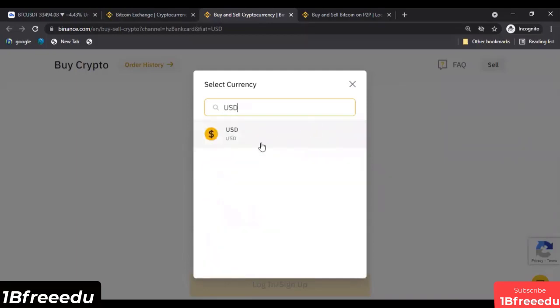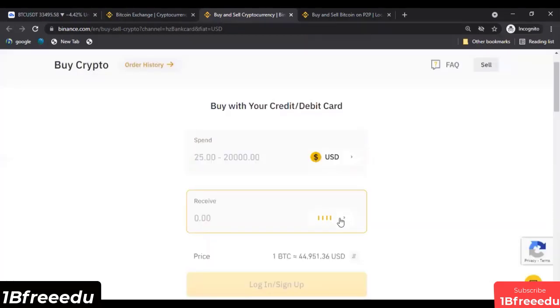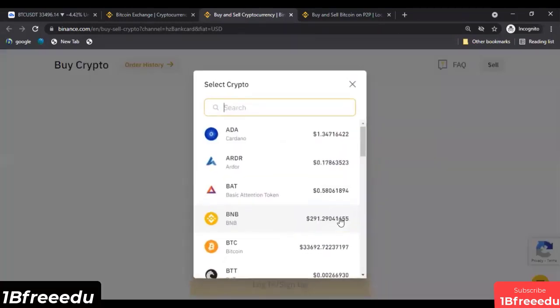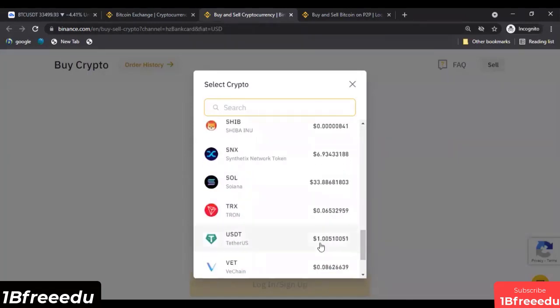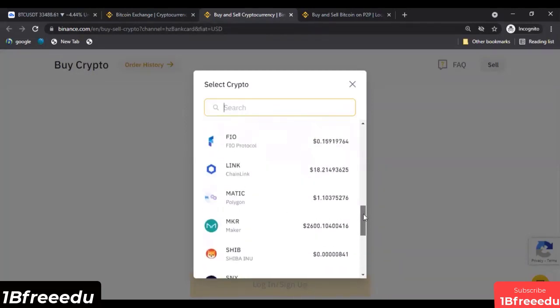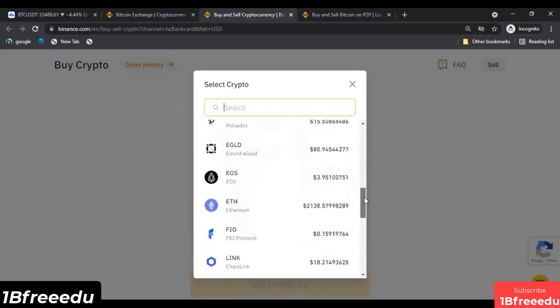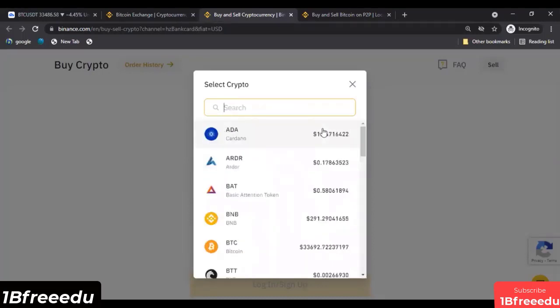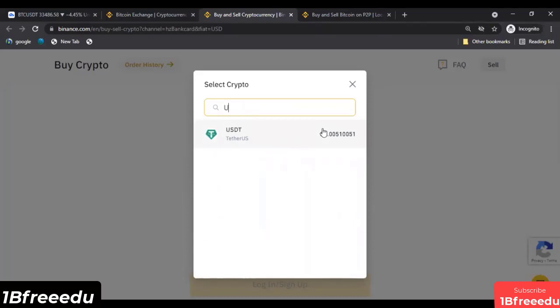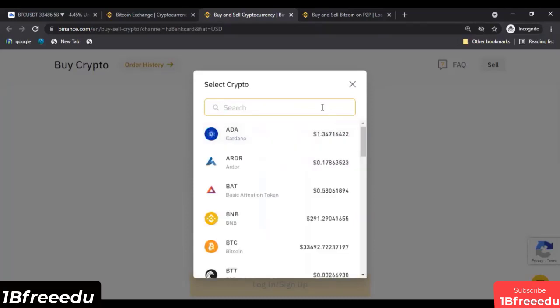You can select USDT, and then the next option asks what you need to buy. Here you can buy any token directly, or you can buy a stable coin, which is either USDT, BUSD, which is Binance USD, or USDC. So you can buy any stable coin.